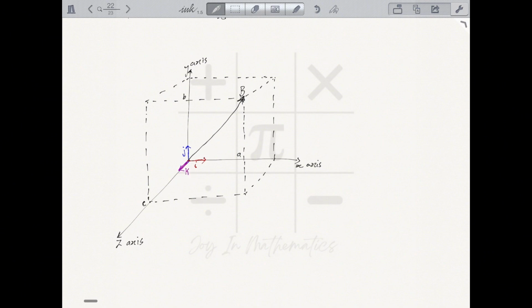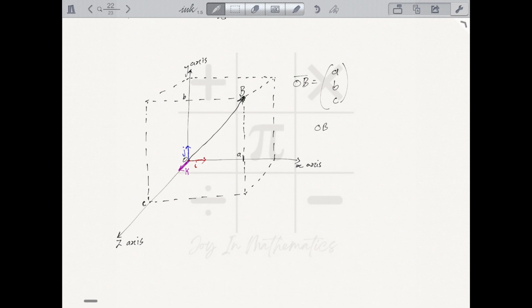So this is the position vector OB. OB in this case has a column vector of three components. On the x-axis we have A, on the y-axis we have B, and on the z-axis we have C. Now this is OB as a column vector.